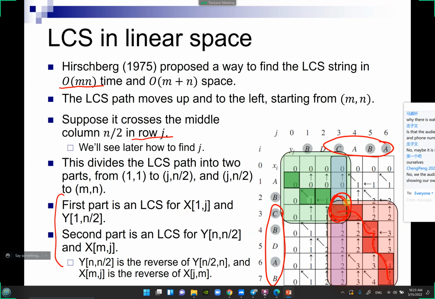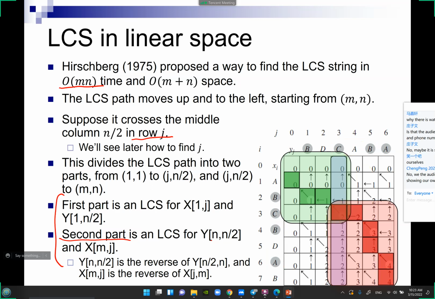The j here is 3, so it's for the first 3 letters of X, and also for the first 3 letters of Y. And the second part is an LCS if you start at the 3rd letter and then go up to the middle part.